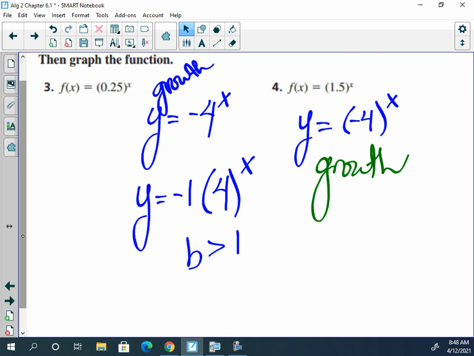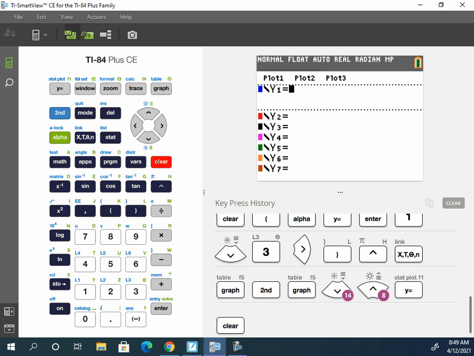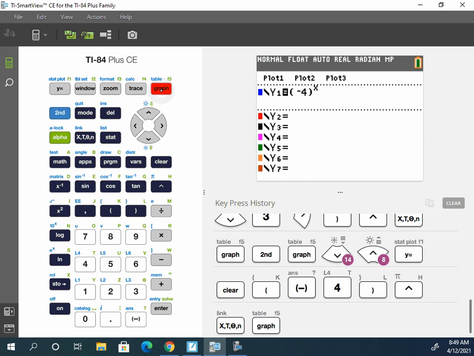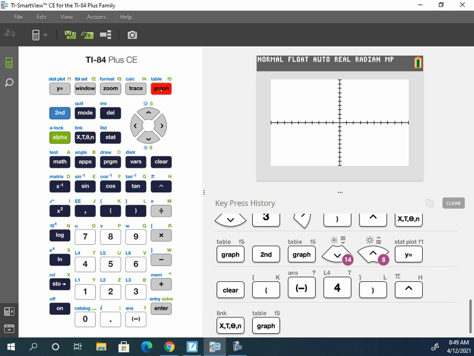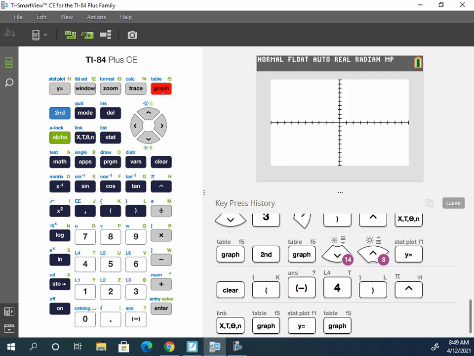Because when we talk about decay, and this is kind of where it gets a little tricky, as long as I'm remembering this right, because when we look at this here, hold on.